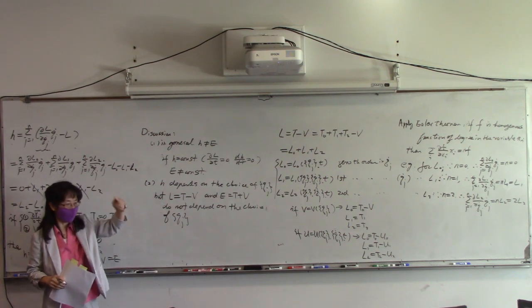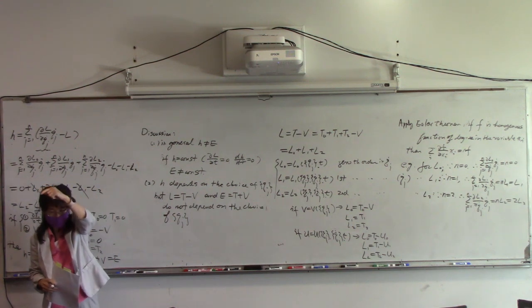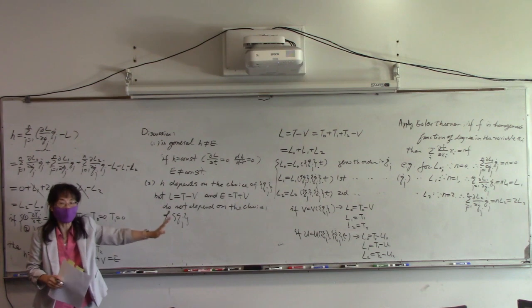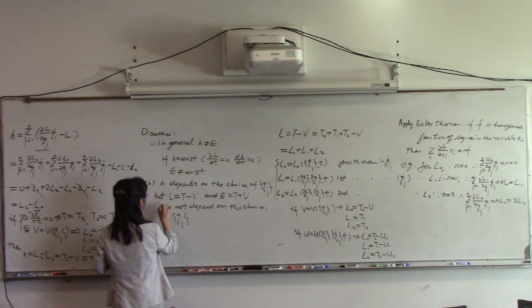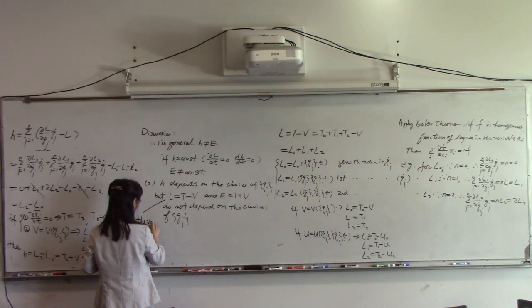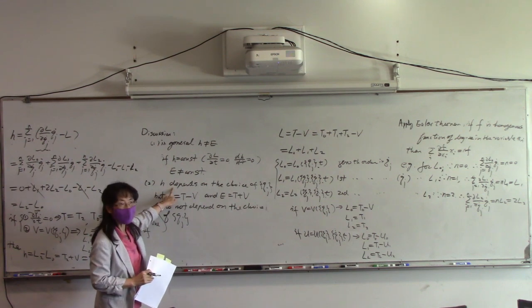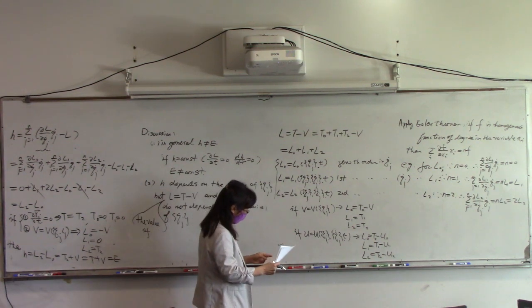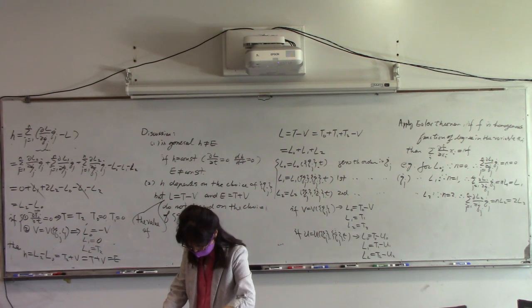For example, kinetic energy in Cartesian is one half m times x dot squared plus y dot squared plus z dot squared, but in spherical it is r dot squared and r squared times angular terms. The expression is different, but the values are the same. Those are two important things I want to point out.